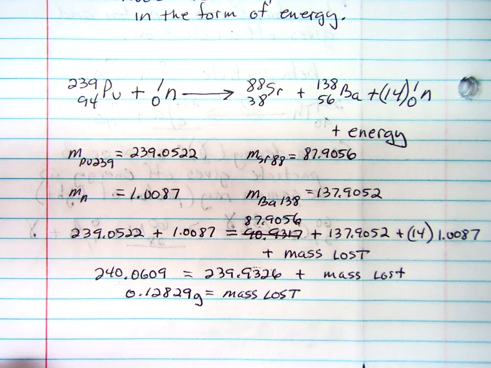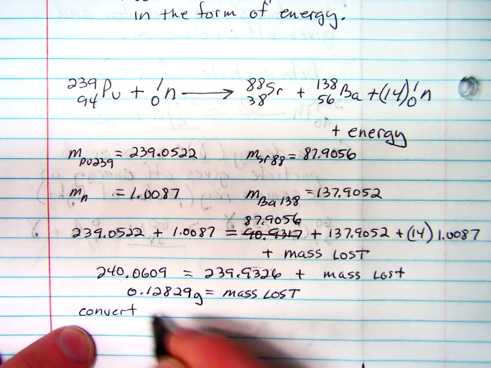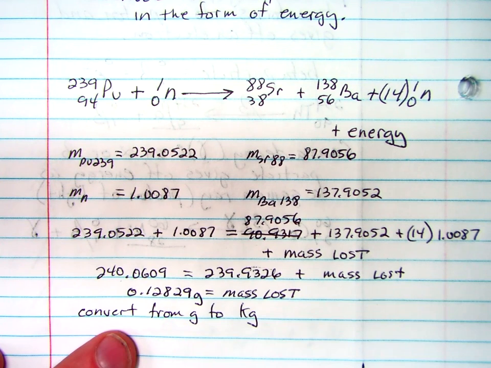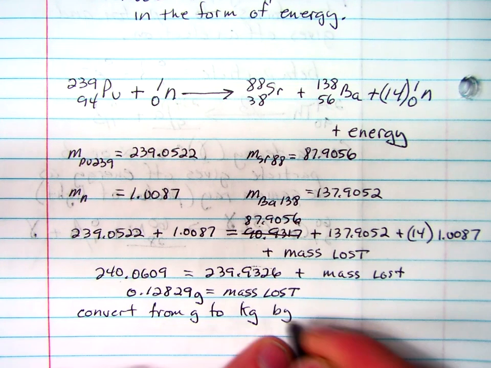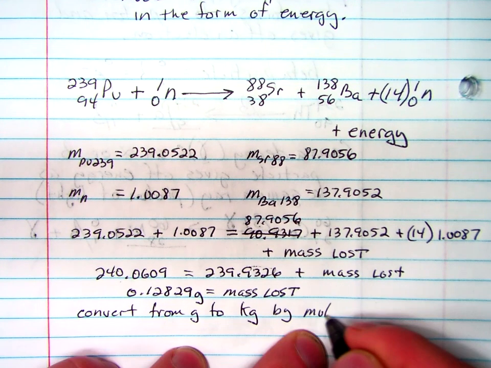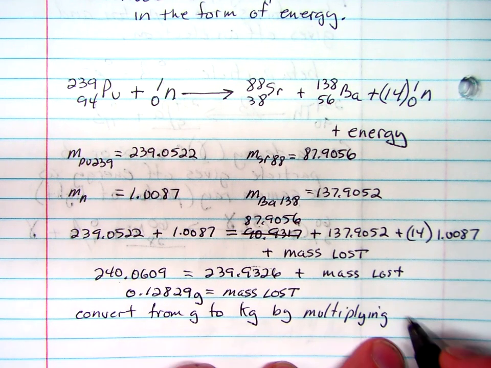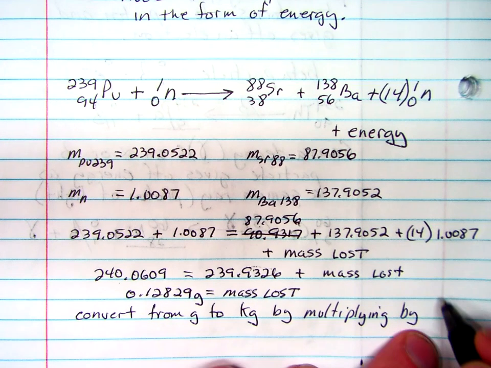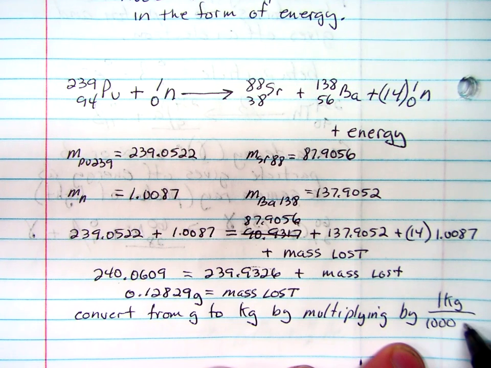Now, the next step, convert from grams to kilograms. And we do that by multiplying by 1 kilogram over 1,000 grams. That's our conversion factor.